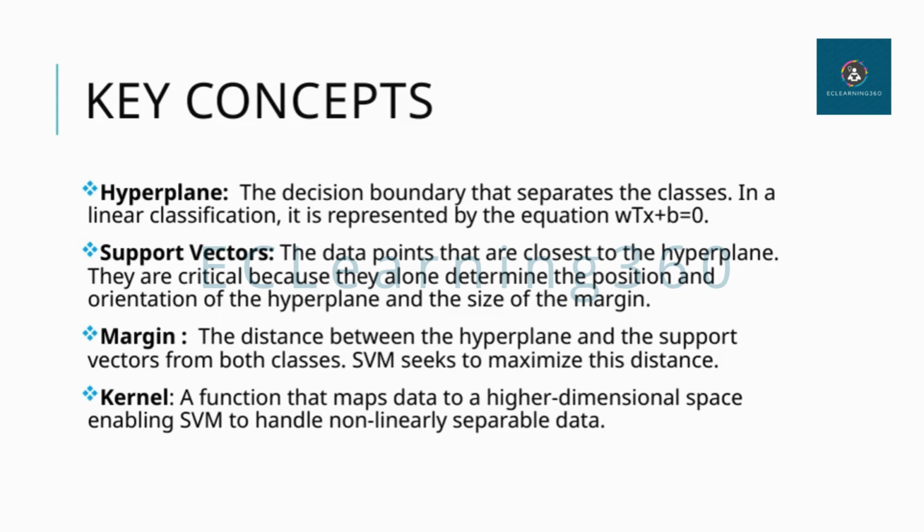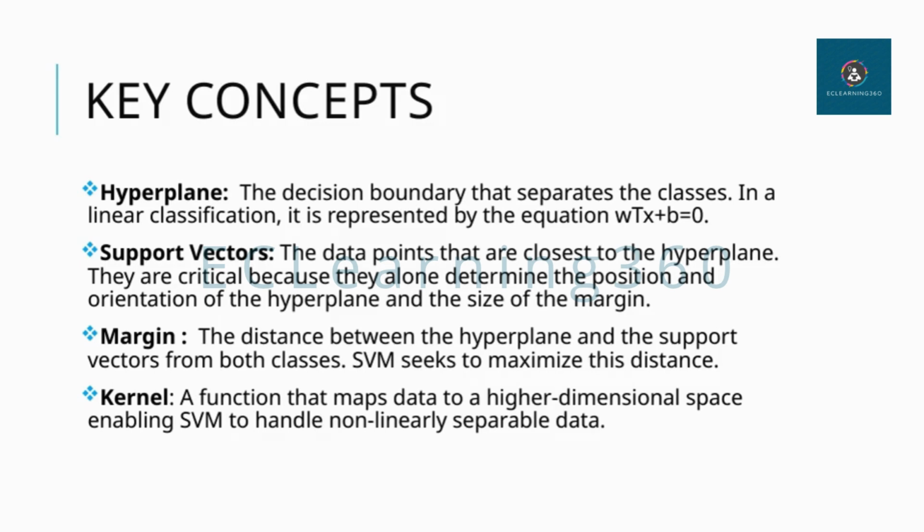Speaking of the margin, it's basically the distance from the hyperplane to the nearest support vectors on either side. Our goal with SVMs is to maximize this margin, because a larger margin generally leads to better generalization on unseen data. Finally, we have the kernel function. This is an elegant tool that maps data into a higher dimensional space, which allows the SVM to handle data that's not linearly separable in its original form.